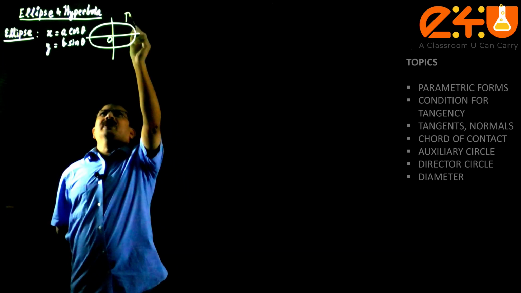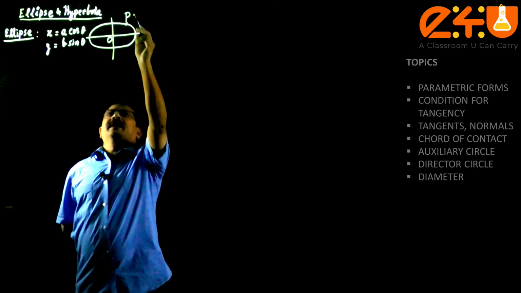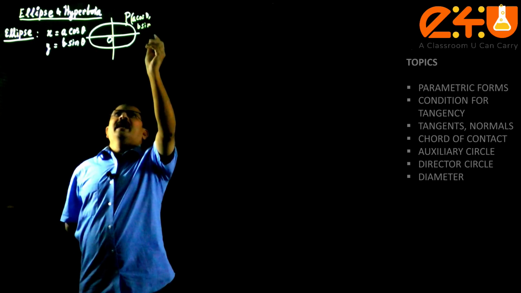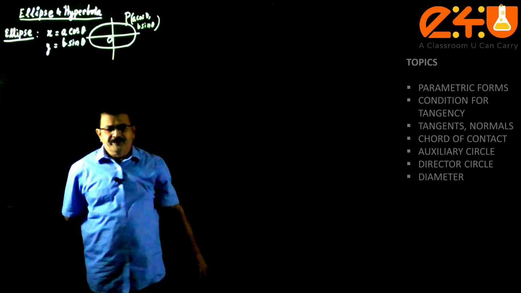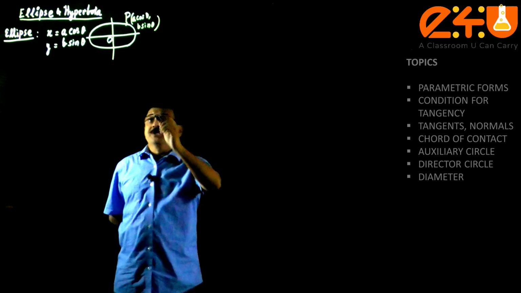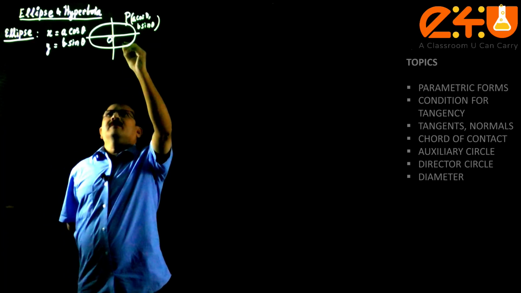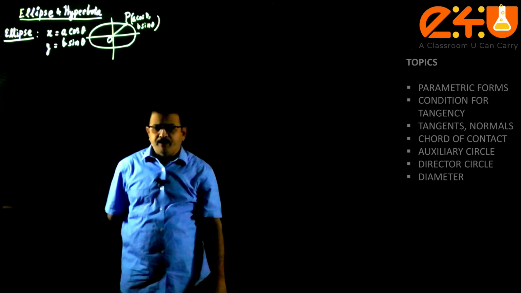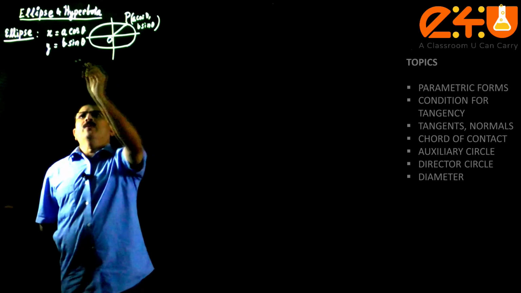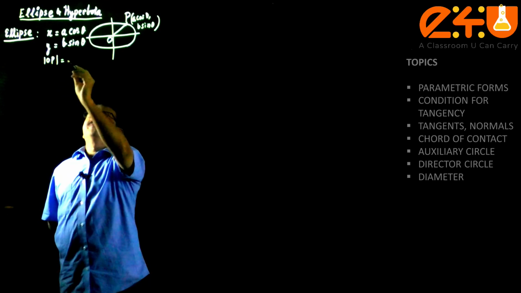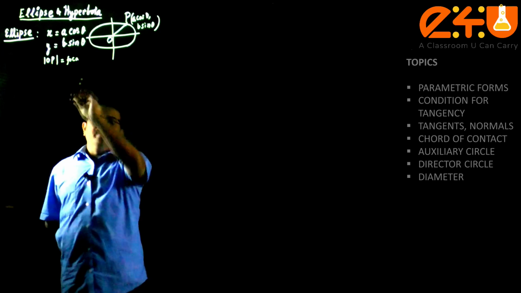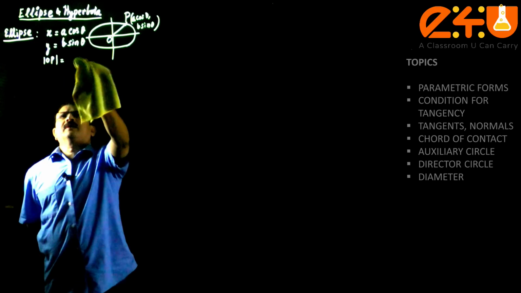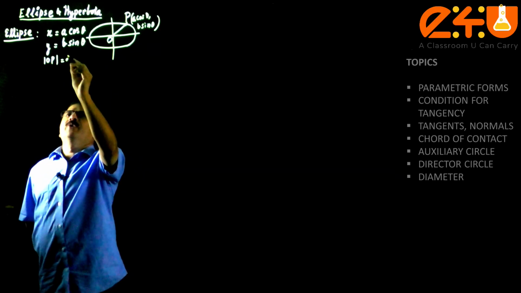So any point on the ellipse, right on the ellipse, can be represented in parametric form as a cos theta and ordinate b sin theta respectively, and I am joining the line segment from O to P, and we already know the segment OP stands for the distance from center of the point.